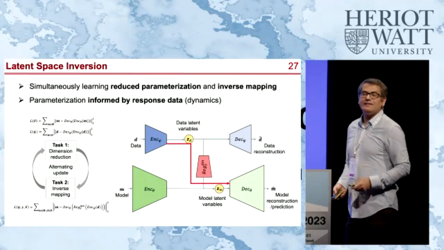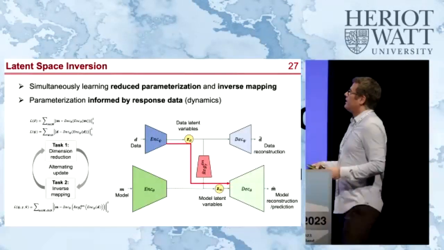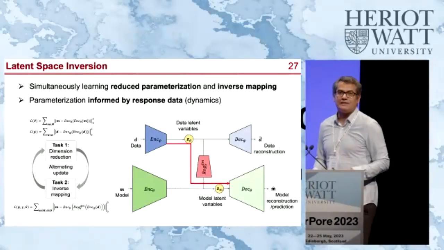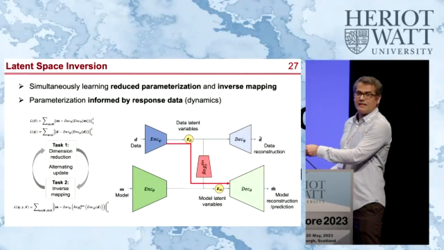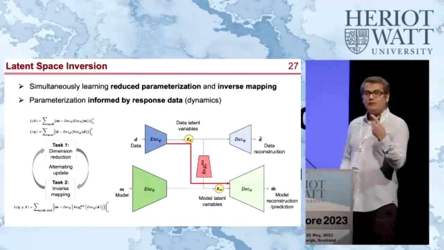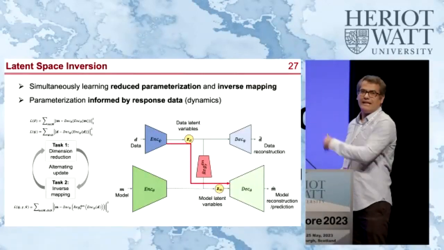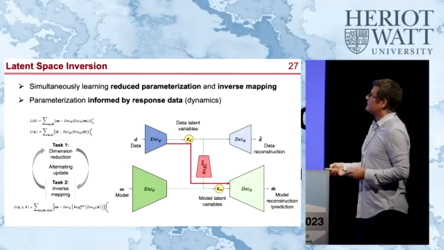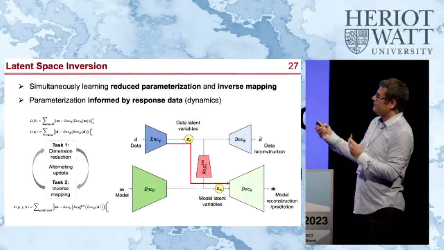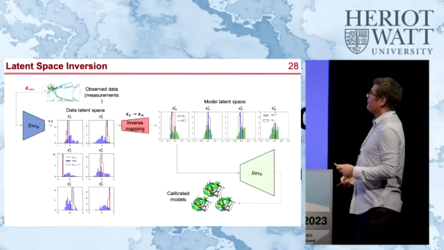That doesn't happen in the traditional parameterization techniques, because we just use the samples from the parameters in order to do model reduction. Whereas in this case, because this is done jointly, the model is actually informed of the physics too, informed of the dynamics or the data that it is supposed to represent. So in that sense, it's quite a different aspect to these kinds of architectures.